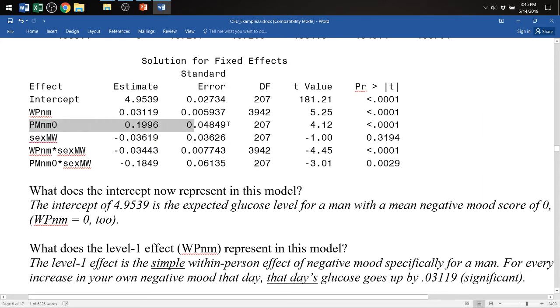Likewise, here is my between person negative mood effect. In men, for every unit grumpier you are than other men, your glucose goes up overall across all the days by 0.2. What does the interaction term with gender do to that one?